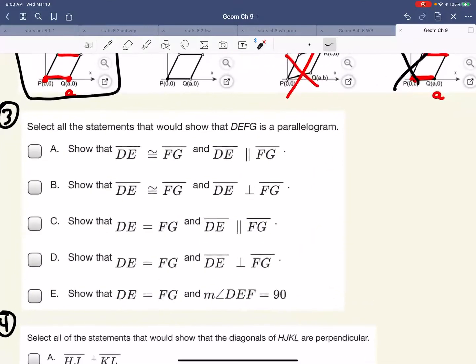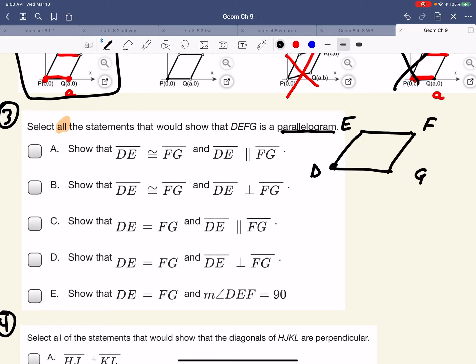All right, 3, show that all the statements, so we have to pick all, that would show that it's a parallelogram. Okay, so parallelogram D, E, F, G. If they show that these are equal, so again, think about grabbing 2 pens and then making those 2 lines parallel.